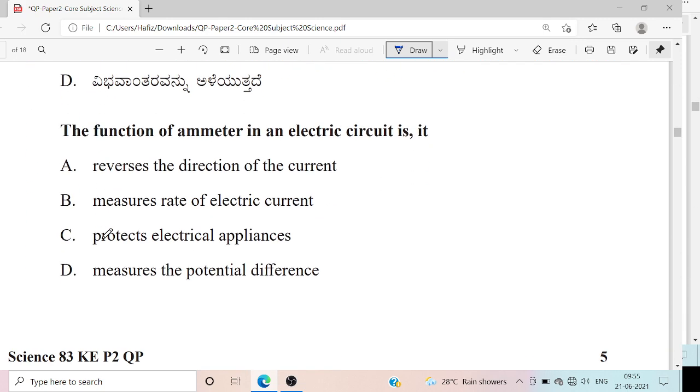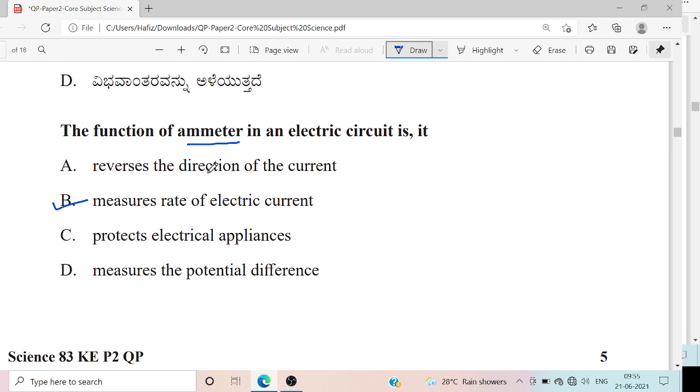Now the next question is on your screen. The function of the ammeter in an electric circuit is. I told you in the first question itself, it is used to measure the current, the rate of electric current. So option B is the answer for this. See, what are the other options here?